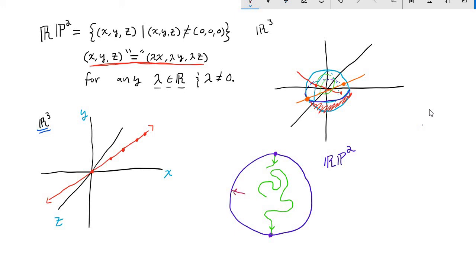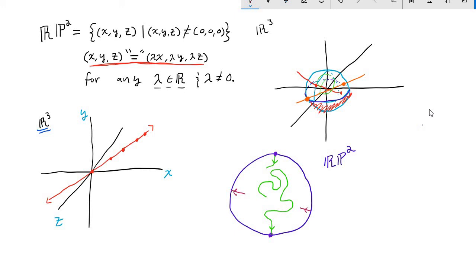Because antipodal points are identified, I would end up walking out the other end. Essentially, it's like Pac-Man world rules, where if you try to go off the left side of the map, you come out the right side. If you try to go off the top, you come up the bottom. And so this is our picture of RP2.